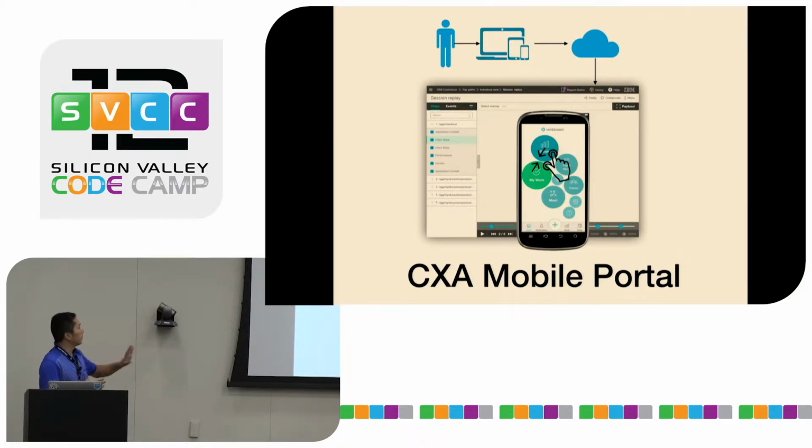So the server provides many ways to allow you to analyze what's going on down to a particular session, step by step. The picture here on the bottom allows you to look at it from a business point of view, like what's going on within that session.